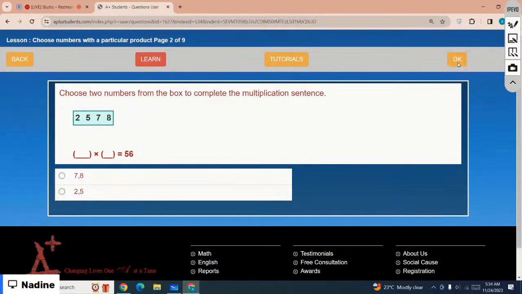So which is the correct one? Just look at the options. The first one is 7 and 8. The second one is 2, 5, right? 2 times 5, option number 1. 7 times 8 is 56, right? Option 1 is the correct option.